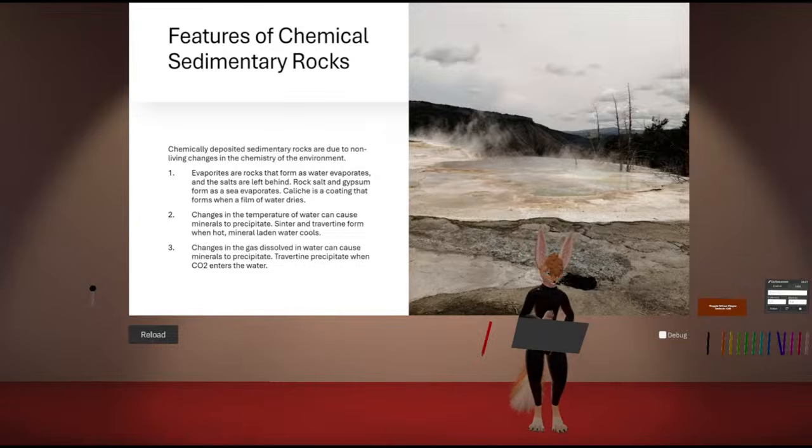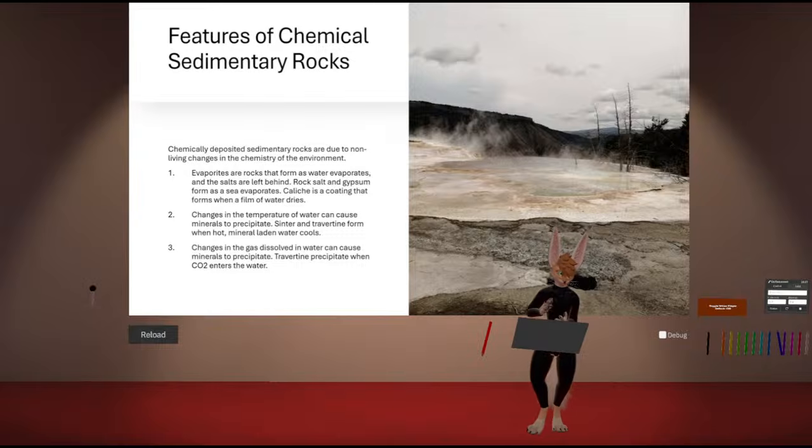Chemically deposited sedimentary rocks are due to non-living changes in the chemistry of the environment. Evaporites are rocks that form as water evaporates and the salts are left behind. Rock salt and gypsum form as a sea evaporates, and calcite is a coating that forms when a film of water dries.